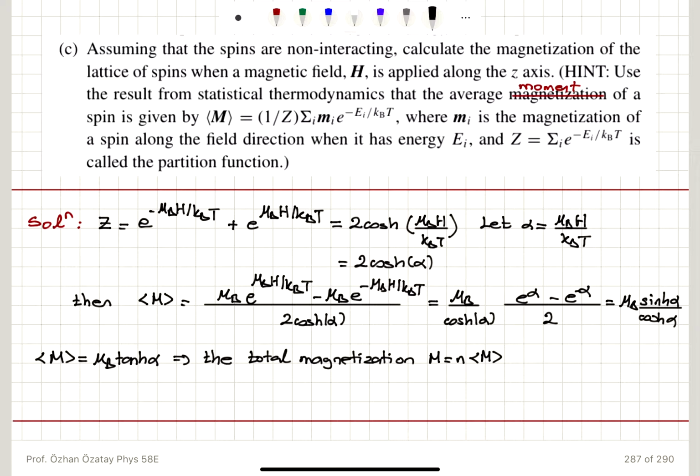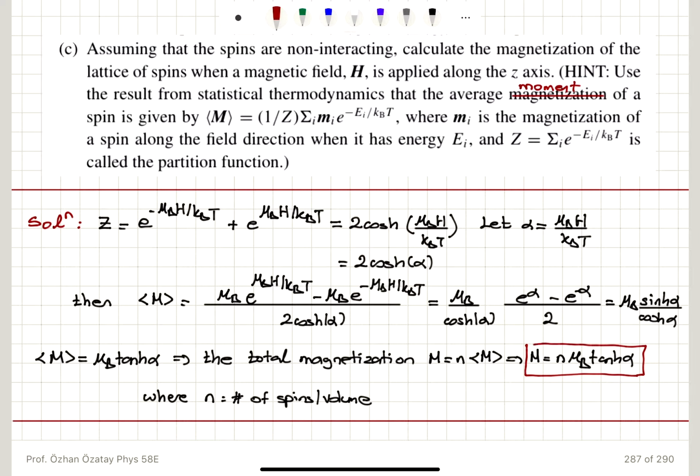So if we say n is the number of spins per volume, we will have the total magnetization equals n μ_B tanh alpha. So we have to add up the contribution to the moment from each spin, find the total magnetic moment and divide it by the volume. That's magnetization. So that's what we have done here.